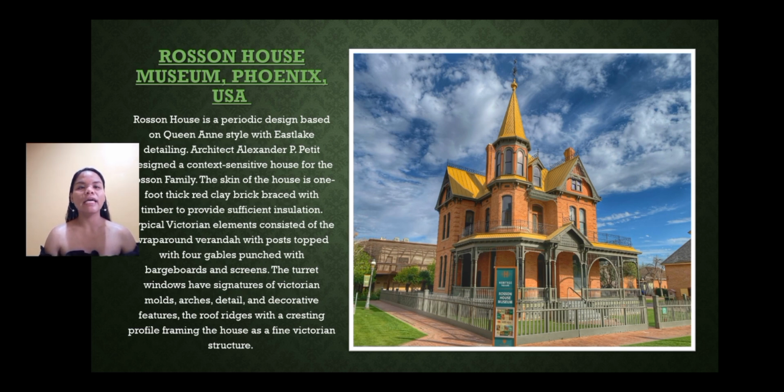Typical Victorian elements consisted of the wrap-around veranda with post top with four gables, punched with barge boards and screens. The turret windows have signatures of Victorian molds, arches, detail, and decorative features. The roof ridges with a cresting profile frame the house as a fine Victorian structure.